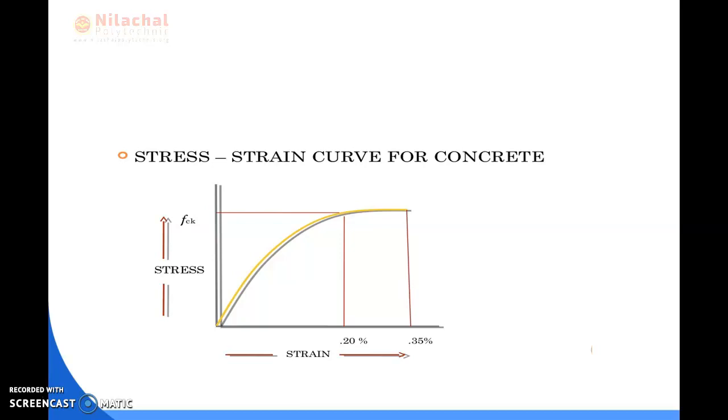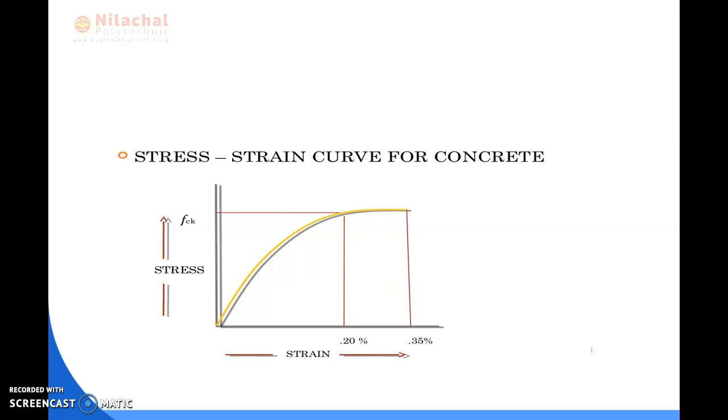Here is the stress strain curve for concrete, and we also use the stress strain curve for steel. First we discuss the stress strain curve of concrete. Strain is shown on the x-axis and stress on the y-axis.